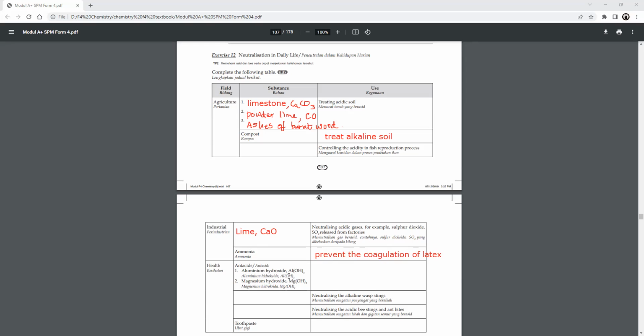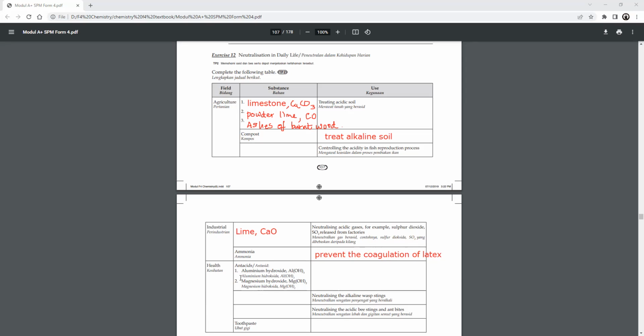Ammonia. They had a small machine to produce the rubber, so you need to put that ammonia in to prevent the coagulation of latex. This is ammonia.